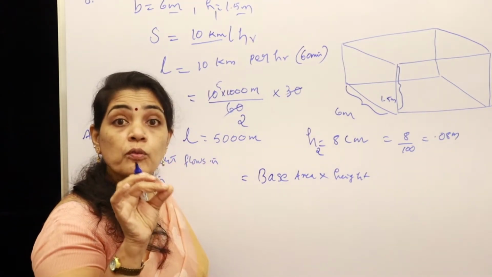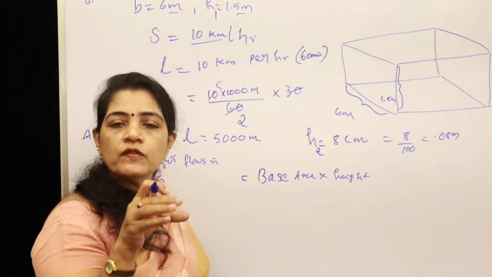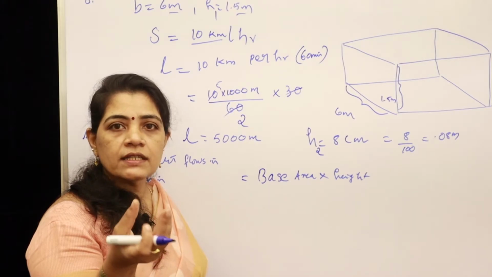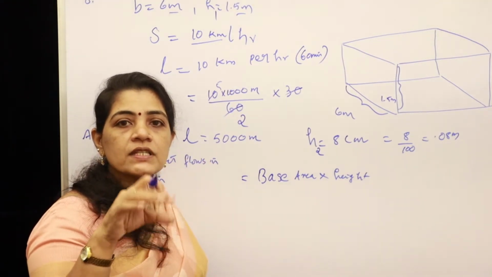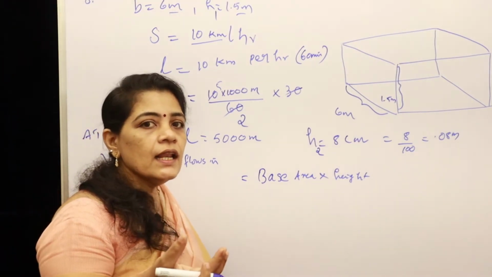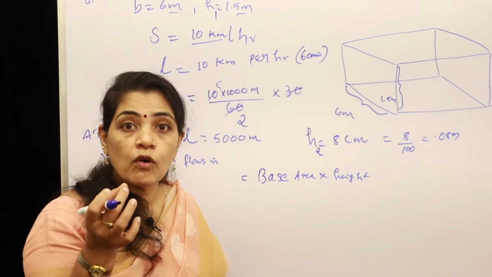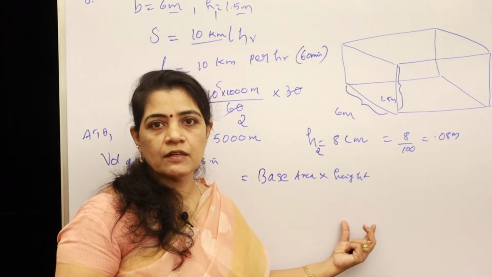For a cube, A square into A, where A square is the area of the square. And pi r square H is the volume of the cylinder, where pi r square is the area of the circle, its base. So in general, you can substitute the volume as base area into height. Hope this concept is clear.